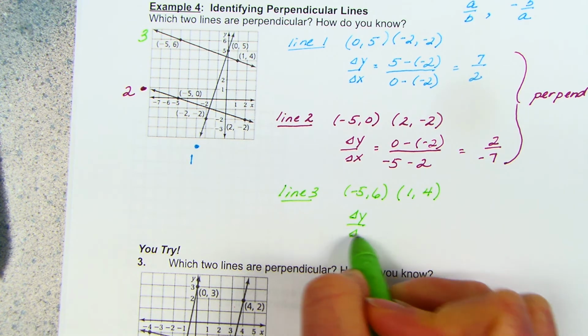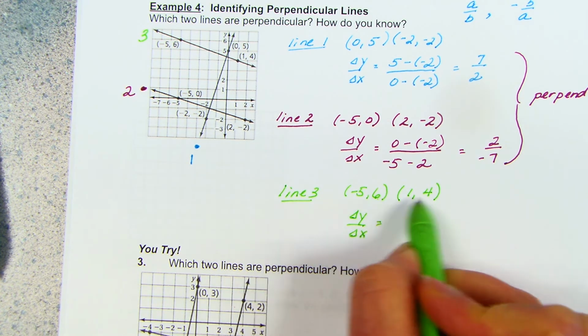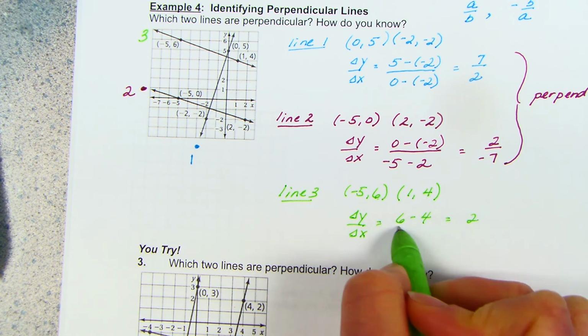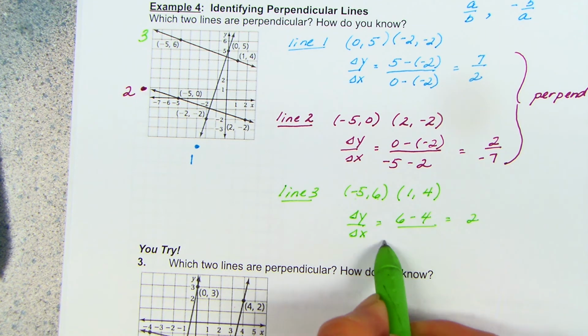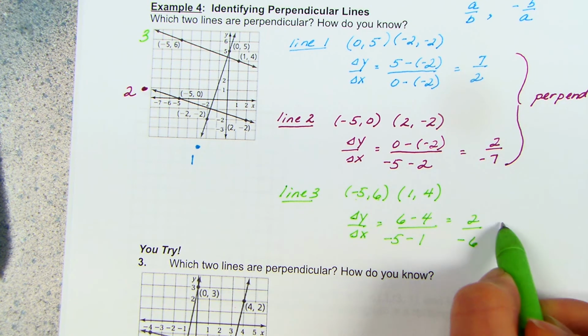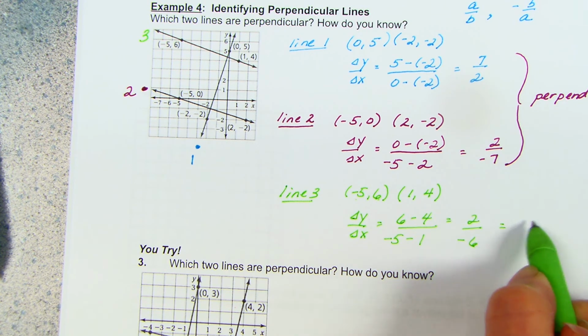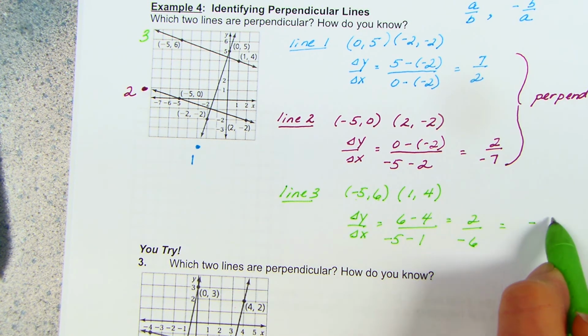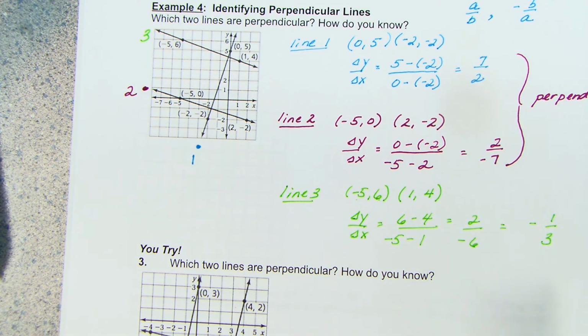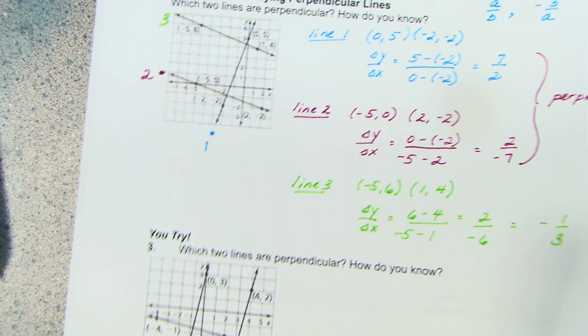Change in y, change in x. 6 minus 4 equals 2, and negative 5 minus 1 is negative 6. This does have to be simplified, so that is negative 1/3. And you can see that 1/3 is not the same. Those are close, but they are not the same. Okay.